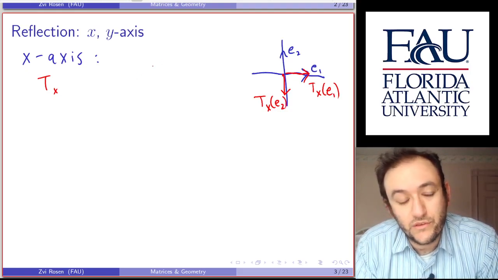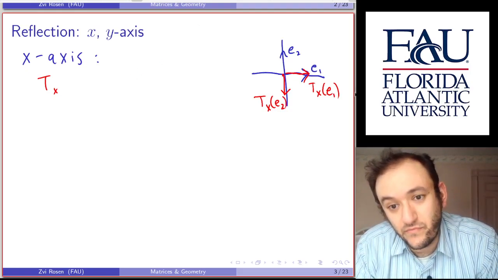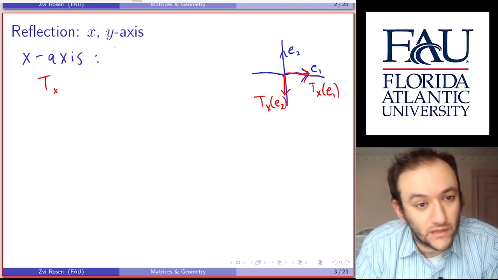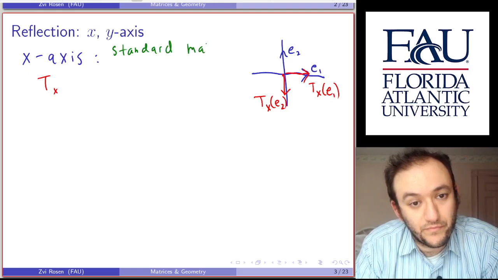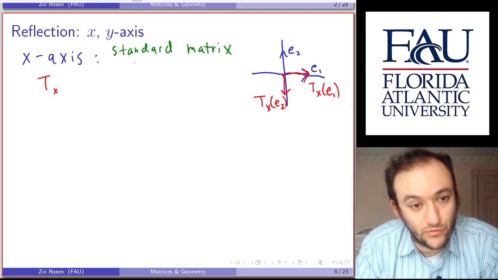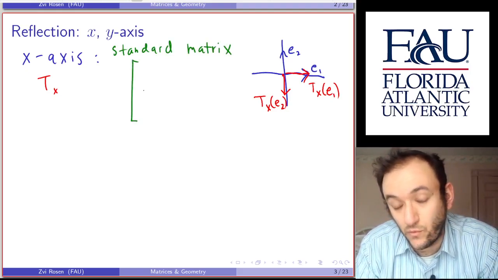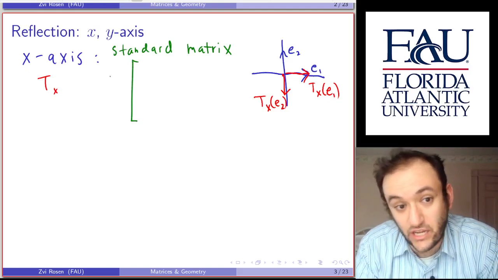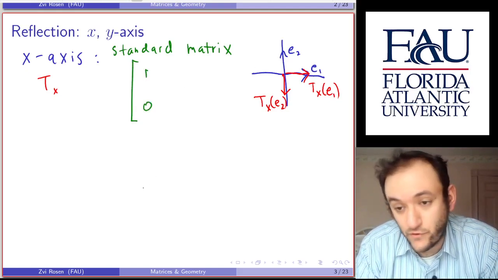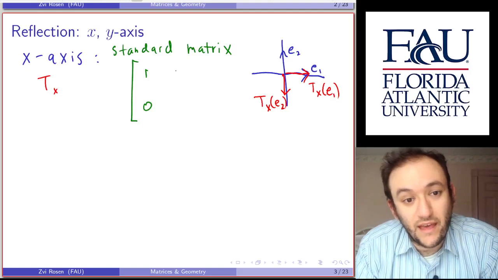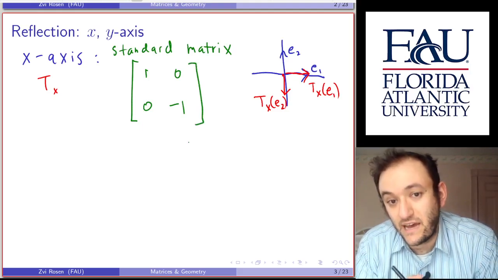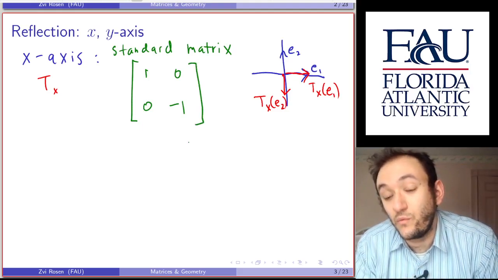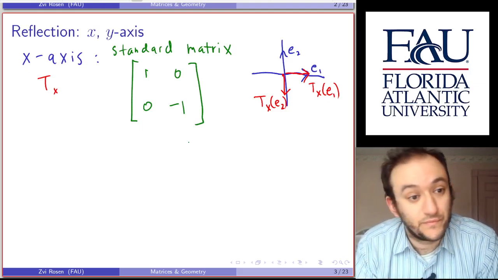So the standard matrix here is going to be, in the first column, you write what the value of Tx of e1 is, and since it doesn't change, it just stays as the first standard basis vector, 1, 0. As for the second one, we get 0, minus 1, because now instead of having e2, we have minus e2.